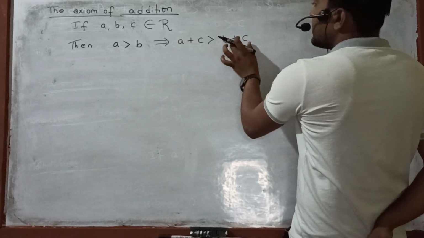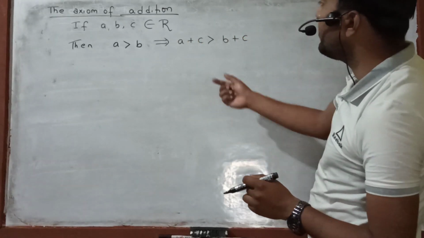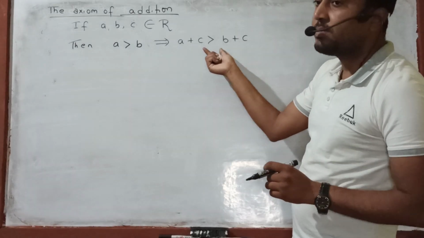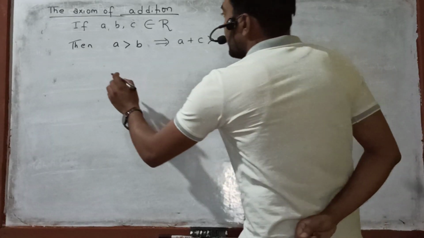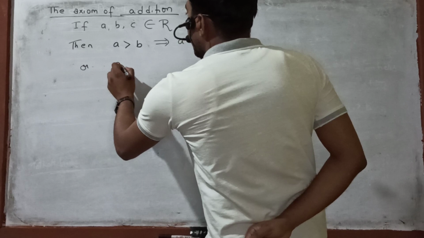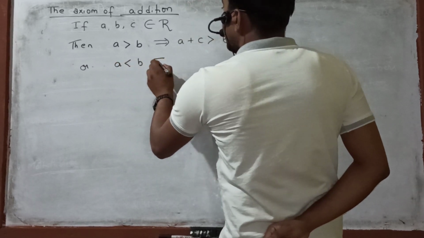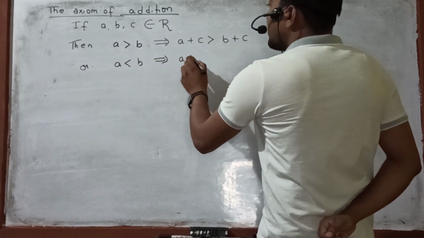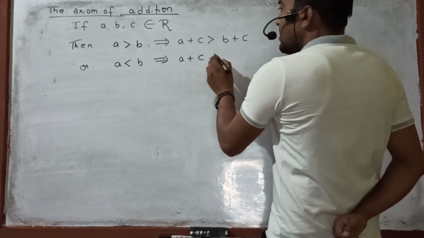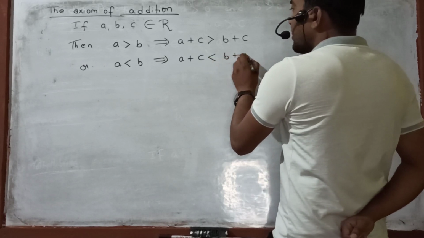If you add c on both sides, then the sign will not be changed, the sign will remain the same. Similarly, if you take a less than b, then if you add c on both sides, a plus c will be less than b plus c.